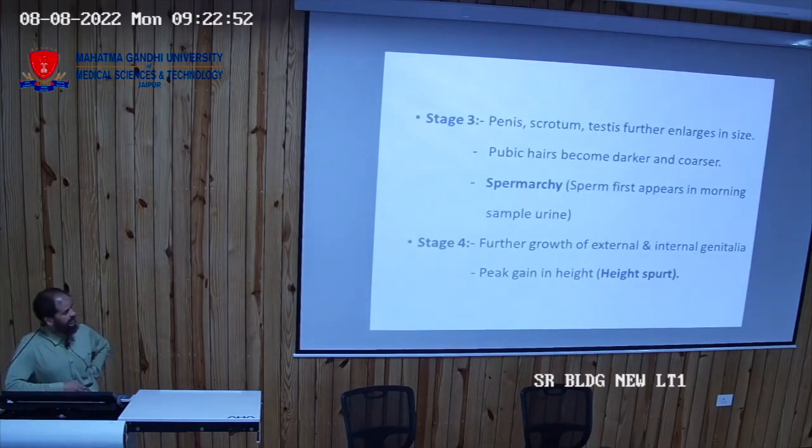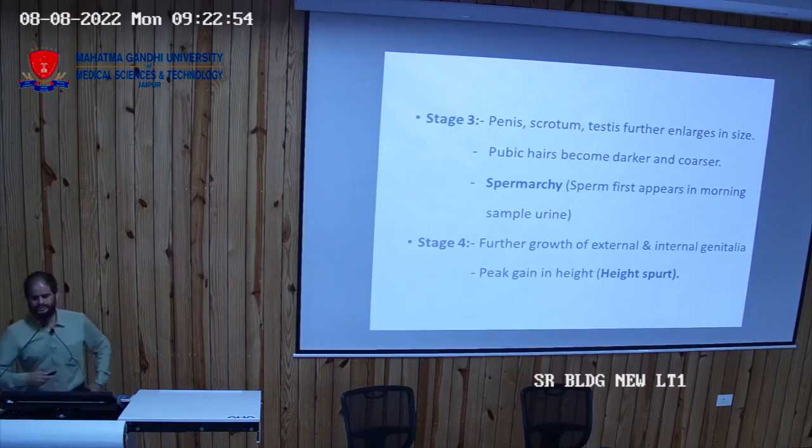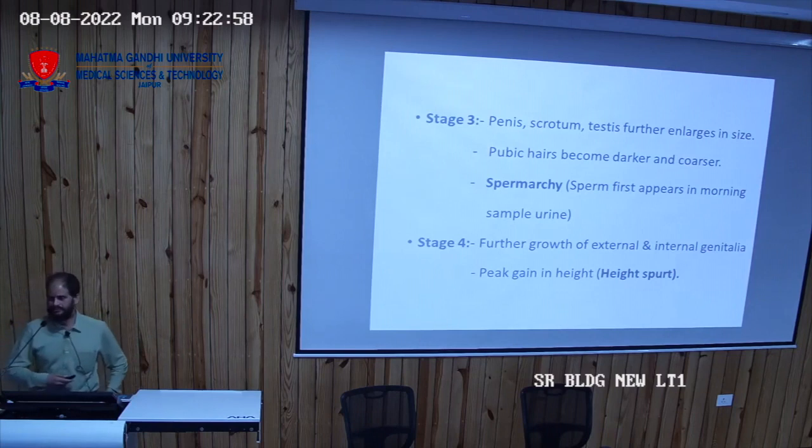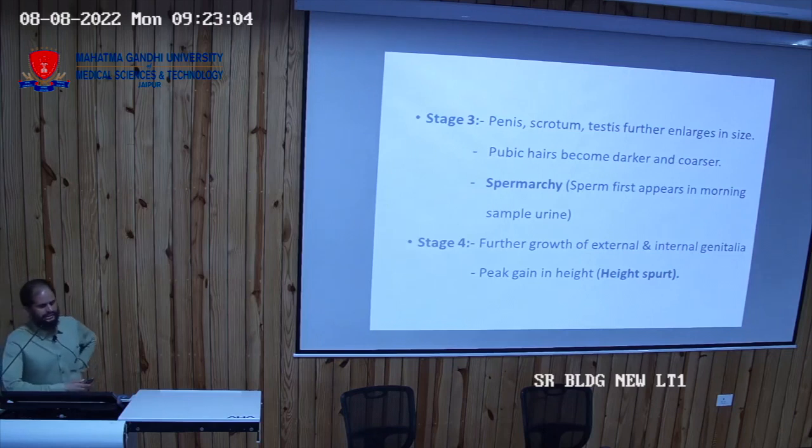Then stage 3, there will be the first appearance of sperm, that is spermarche. The hallmark of stage 3 is spermarche. All the genital organs will further enlarge: penis, scrotum, testis. The pubic hair becomes darker and coarser.